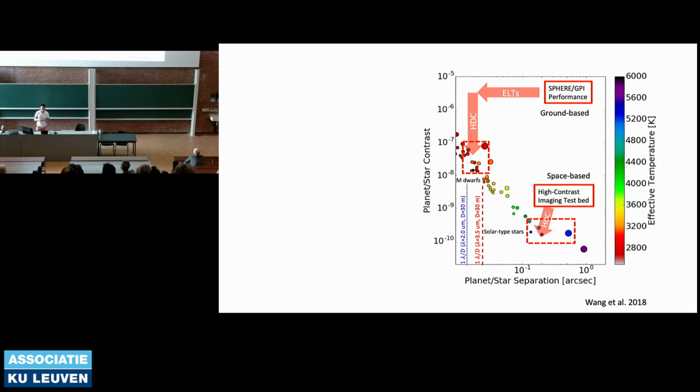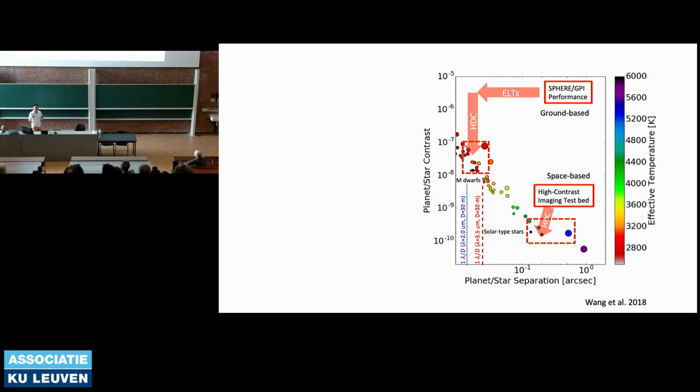So here is a schematic. Here what you see is again contrast versus angular separation, right? And I also color-coded the different data points. The red data points are planets around M stars. You can see that they are very close to their host star, and also they have a contrast of about 10 to the minus 7, roughly.